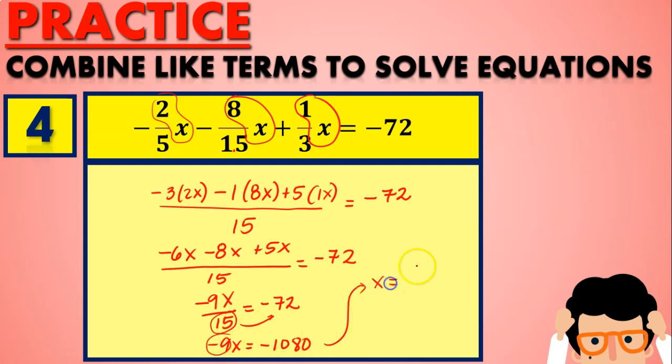So when we pass it to the other side, it's going to divide. So the answer is going to be 1080 divided by 9. Negative divided by negative is positive, and 1080 divided by 9 is 120. And that is going to be your answer because we have reached the value of x.